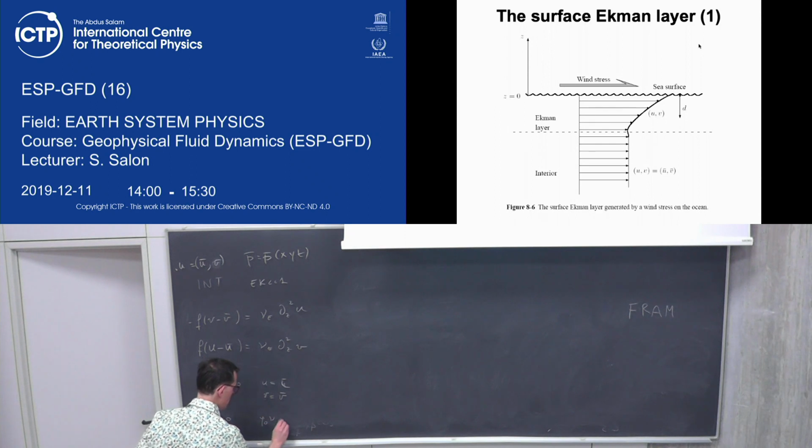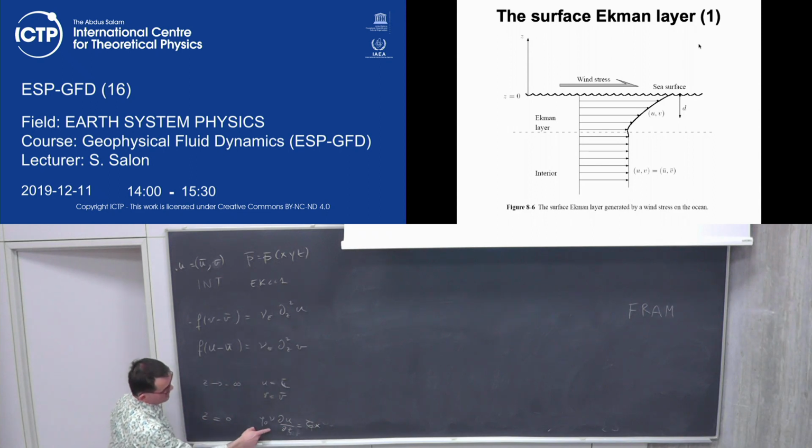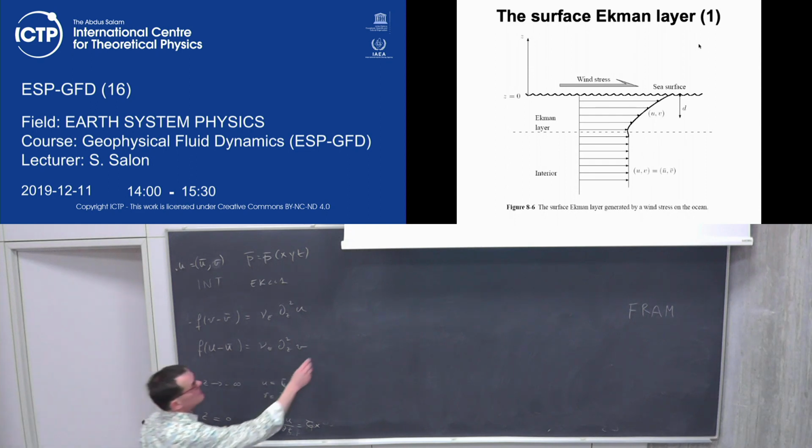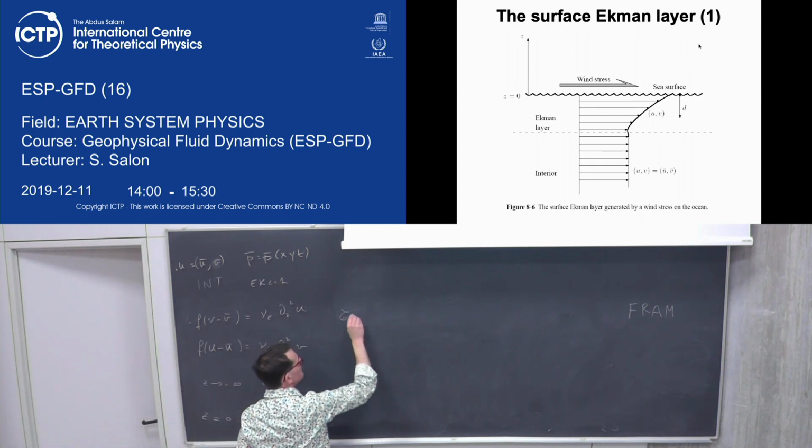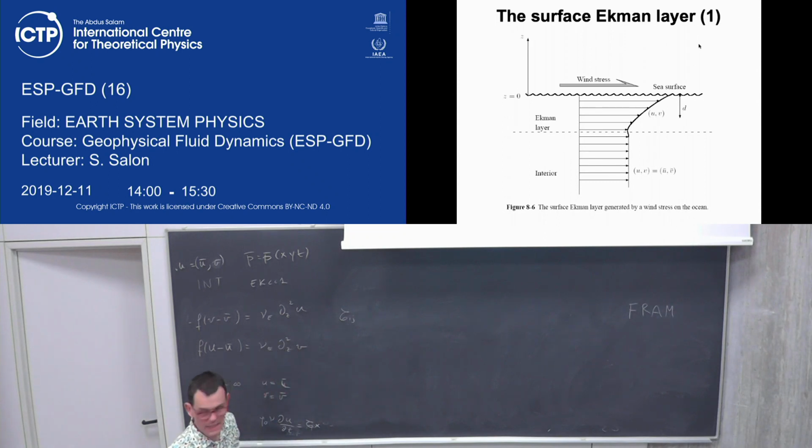So we have rho 0, and we have to consider the wind stress. You remember that when we started to analyze the equations of fluid dynamics, we had the expression tau ij, the stress tensor.